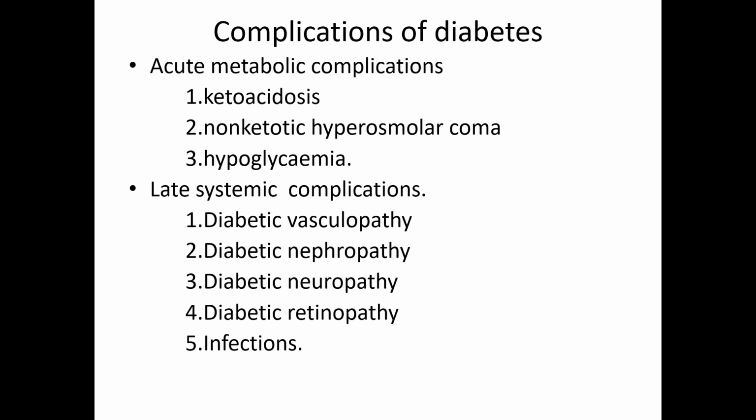And late systemic complications are diabetic vasculopathy. Diabetes causes changes in the blood vessels, and changes in the structure and functions of the kidneys. So renal complications are described as diabetic nephropathy. Diabetes affects the functions of the central nervous system and peripheral nervous system, both motor neurons and sensory neurons, so it is diabetic neuropathy.